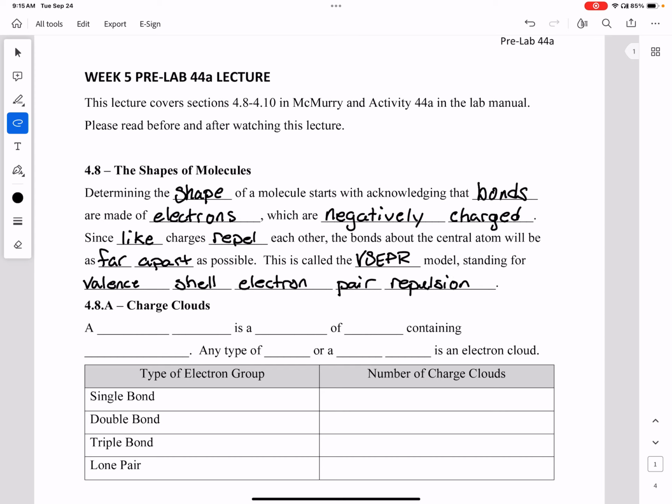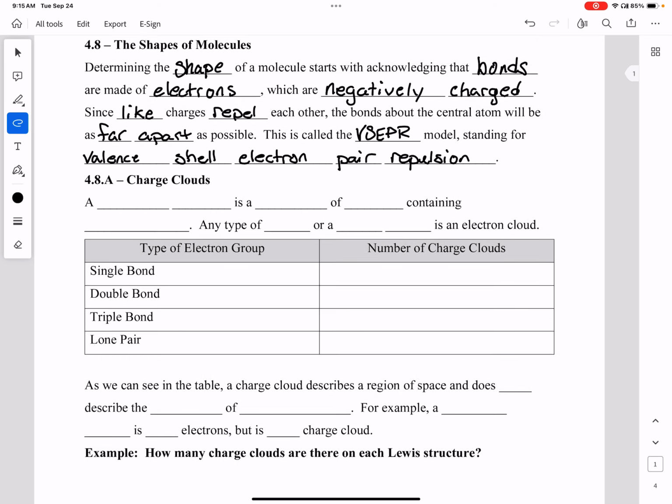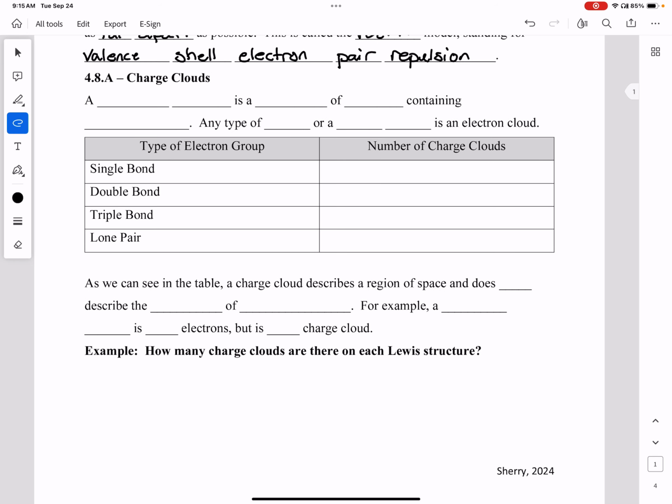Okay. And so let's go over a definition that we're going to use throughout this lab, and that is a charge cloud. So a charge cloud is just a region of space that contains electrons. So any region of space containing electrons.